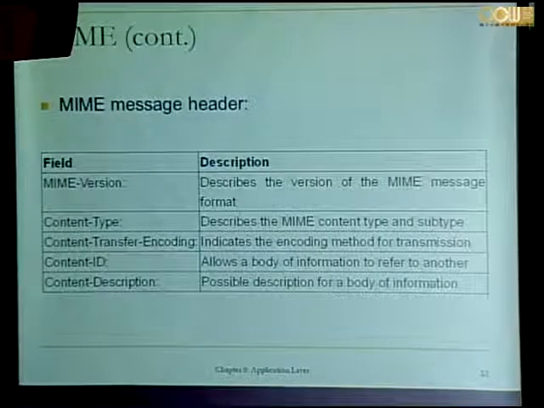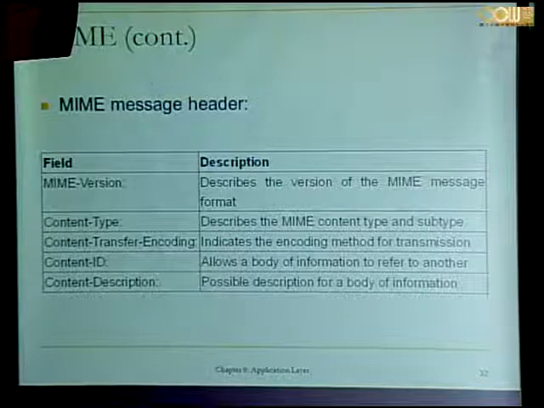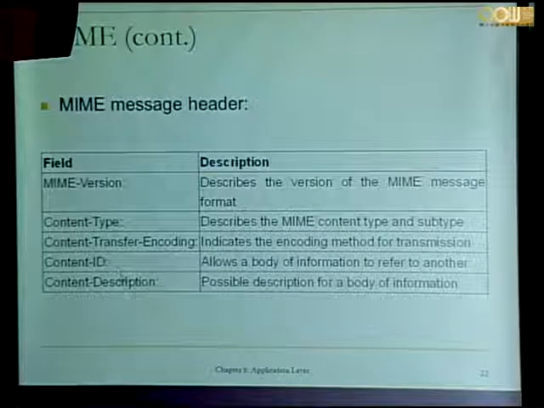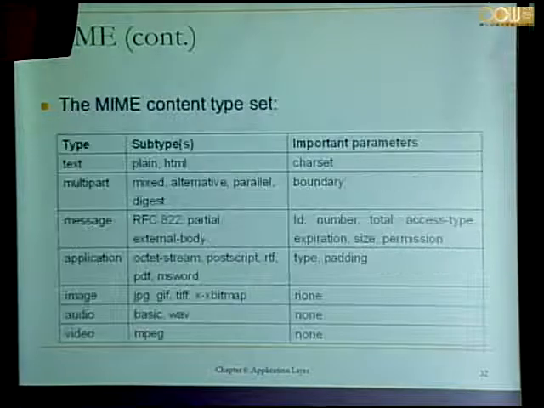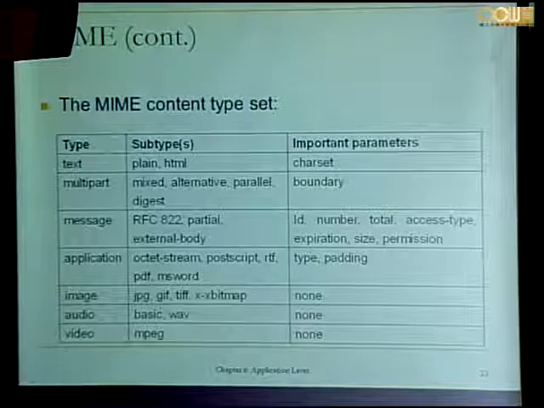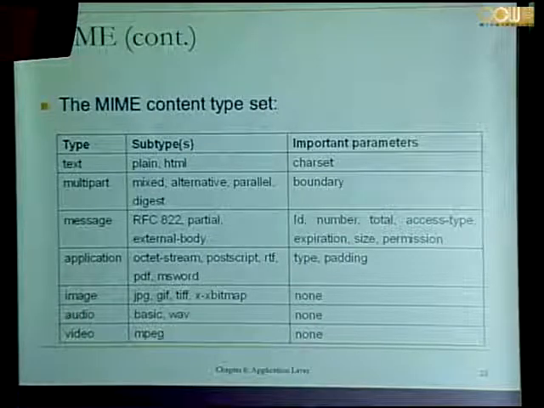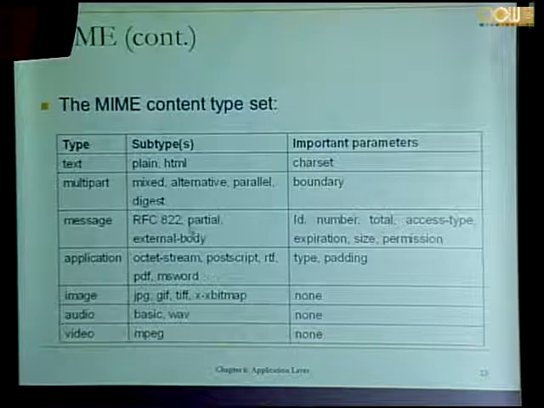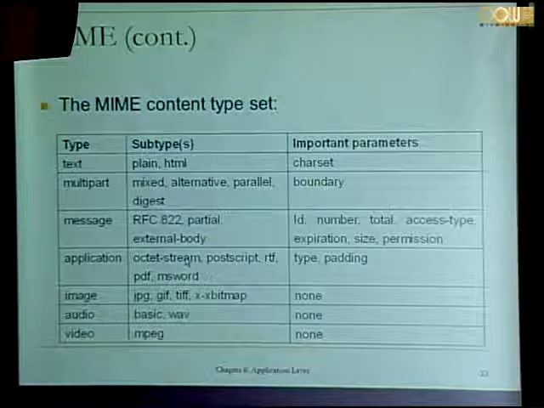And MIME has header fields describing the MIME version, content type, encoding method, content ID, and content description. So these are possible fields, and the content type could be plain text or some other multimedia, or multi-part, or some binary files.